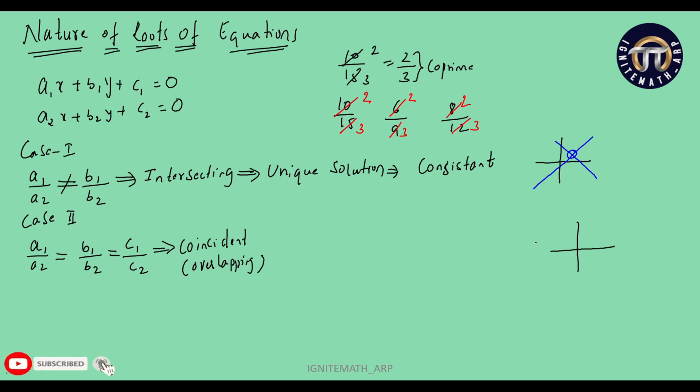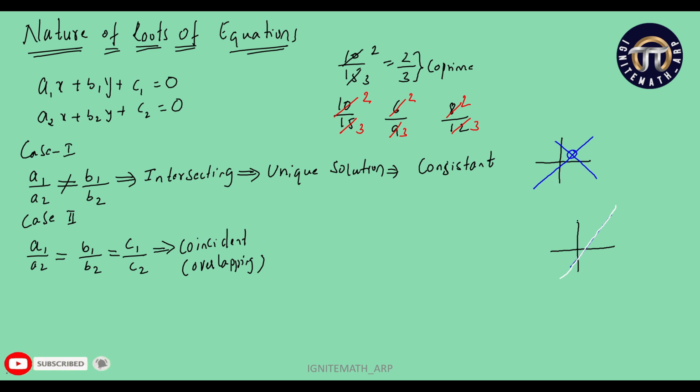So I will get one line like this, and the other line also runs on the first line only. Look at this. I will not identify where the two lines are this time. Clear? So that is the meaning of coinciding or overlapping.